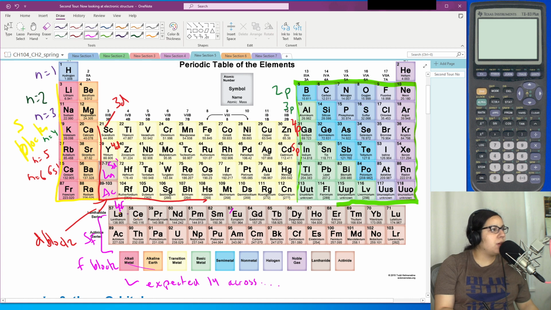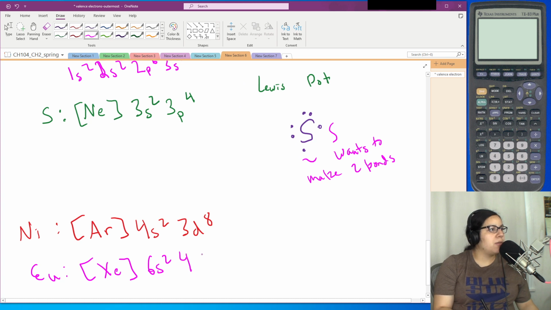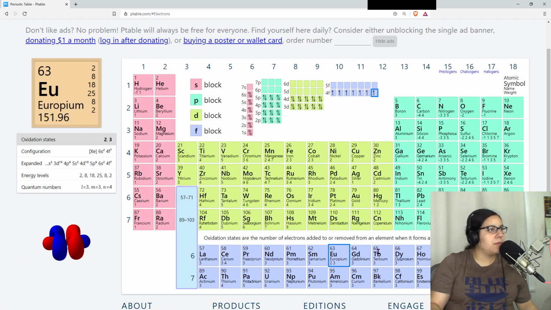So this would be 4f1, 2, 3, 4, 5, 6, 7. So you could count it like that. That would give you 4f7. Which is what this little guide says.